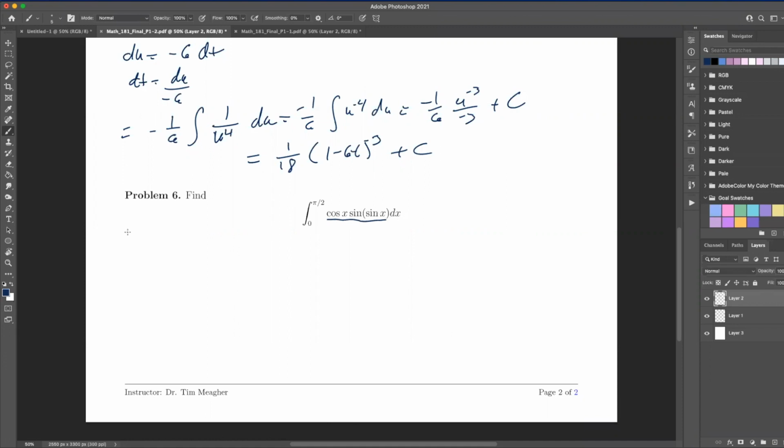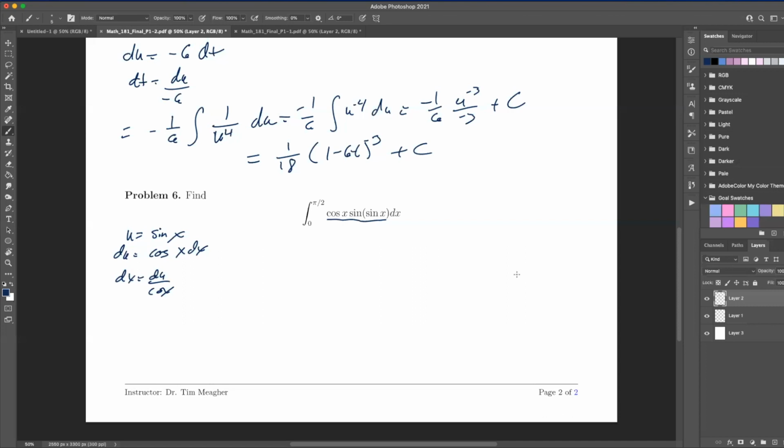I'm going to let u equal sine of x. And the reason I want u equal to sine of x, so this becomes sine of u. But I know that du equals cosine of x dx, because the derivative of sine is cosine, then you add the dx. And so that means dx is equal to du divided by cosine of x.